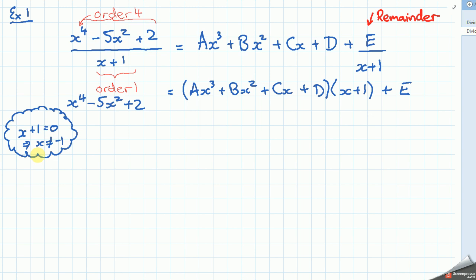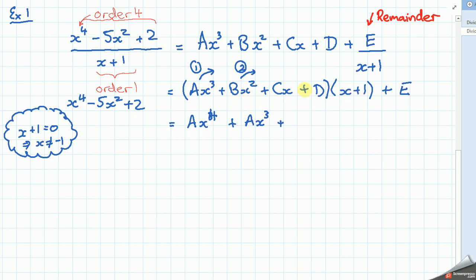So now expand the bracket on the right hand side, so we get ax cubed times x, which gives me ax to the 4, and ax cubed times 1, which is ax cubed. So that's the first lot, that's line 1. Line 2, I'm going to multiply the bx squared times x.